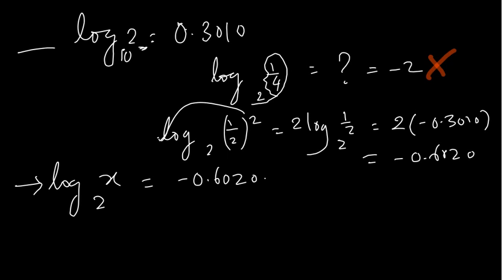No, no. You convert this, right? 2 to the power of this equal to x. You should get 0.25.